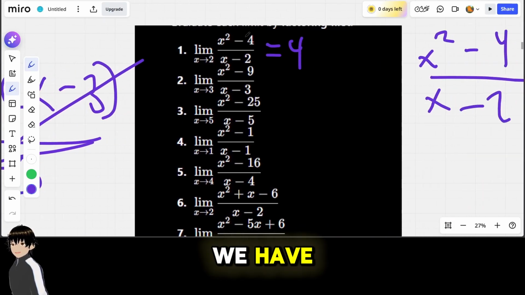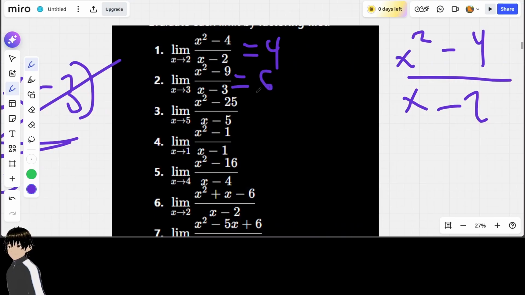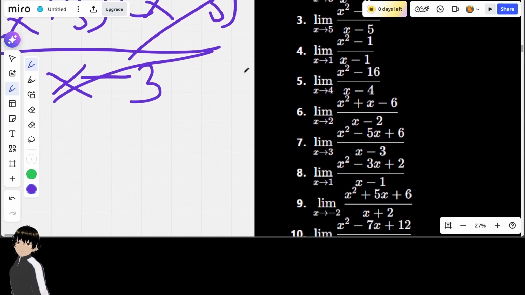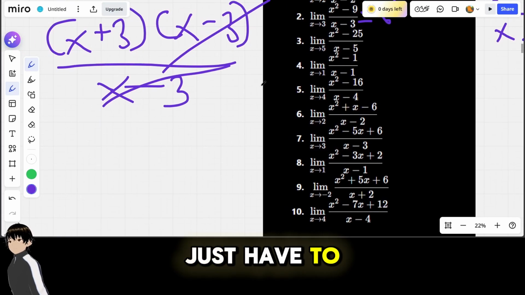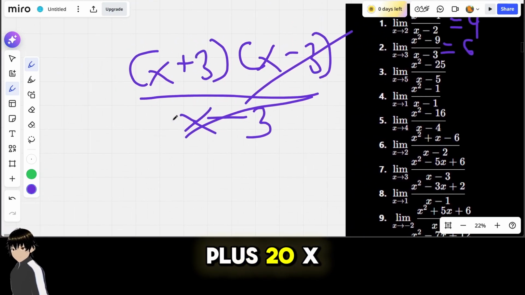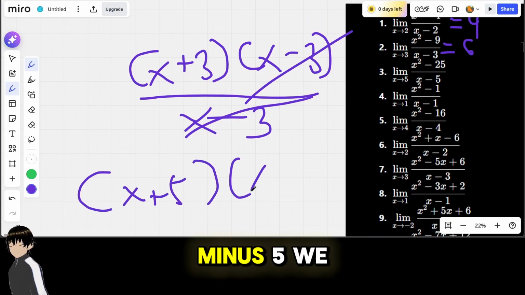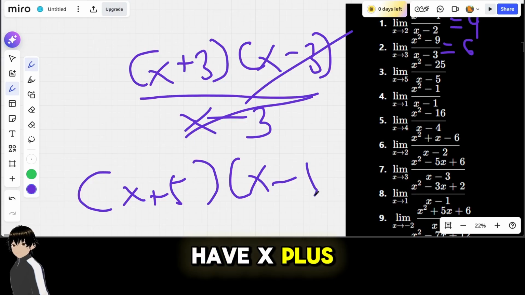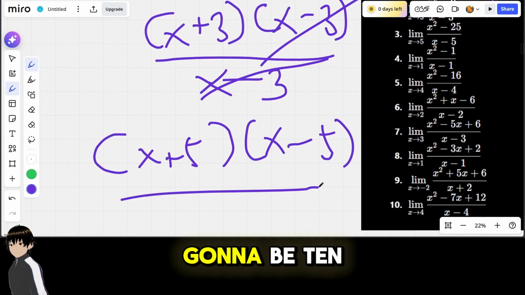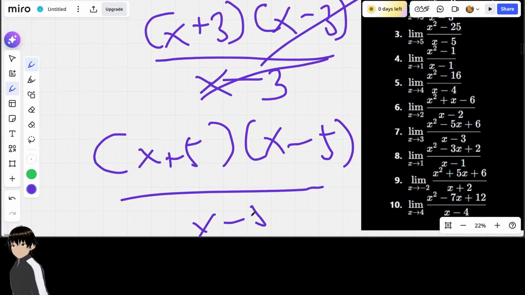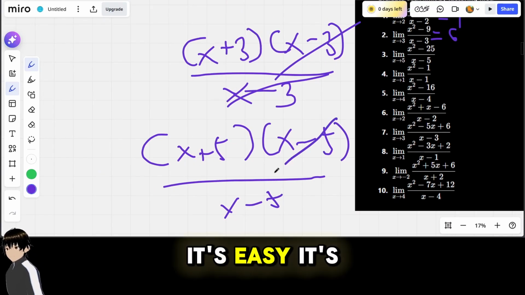So now we have x squared minus 25 over x minus 5. Just have to factor everything: x plus 5, x minus 5, and then x minus 5. We have x plus 5. 5 plus 5 is going to be 10. It's easy. It's very easy.